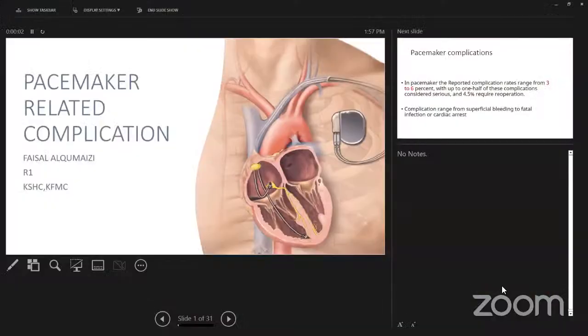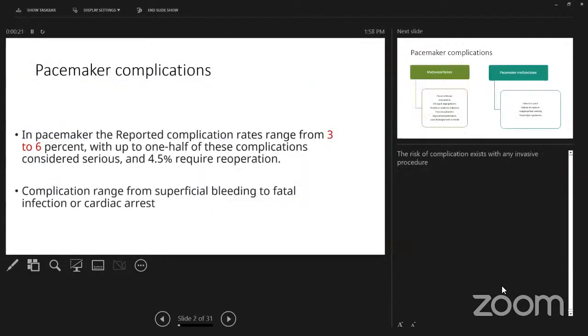Assalamu alaikum. Can you see the slide? Yes. Assalamu alaikum. I'm Faisal Gmezi from King Fahd Medical City. My topic will talk about pacemaker-related complications. We will start. Faisal, can you put it in full screen? Okay.